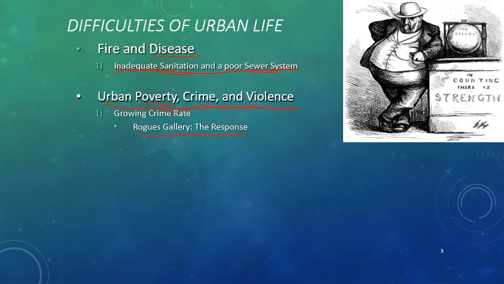Basically, the Rogues Gallery is a collection of criminals that have been photographed, or you have caricatures of their picture, which make the public aware of these people and their crimes. We also get, through this new approach to law enforcement, the birth of investigative law enforcement, detective work, and stuff of that nature. Criminal profiling, right?